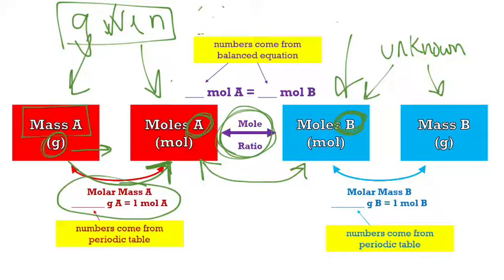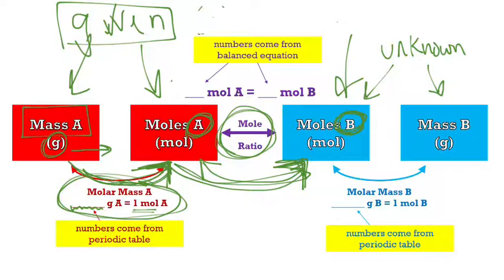I'm going to have to look up whatever A is on the periodic table, and that's going to tell me how many grams per mole that is, meaning I'm going to have to use this conversion first in my dimensional analysis, that's stoichiometry, to get to moles, and then I'm going to be able to use that same mole ratio as before to get to moles of B. So having those grams there makes my problem a little bit longer.